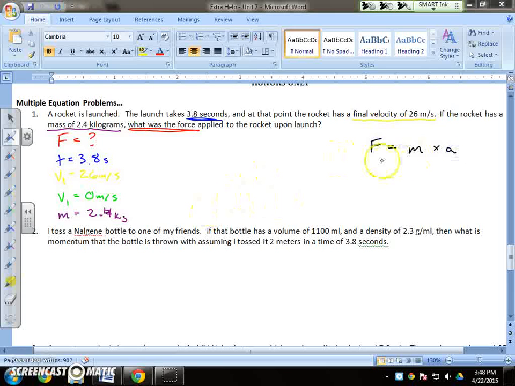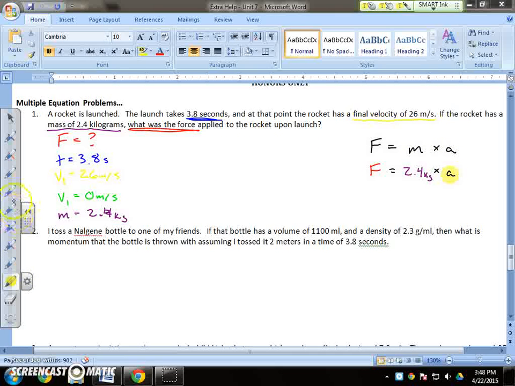I have not been given a force. I know that's what I'm looking for. I have not been given an acceleration, so I know that I've got to solve that somewhere. But I have been given a mass, and that mass was 2.4 kilograms. So I know I simply need to solve for this.